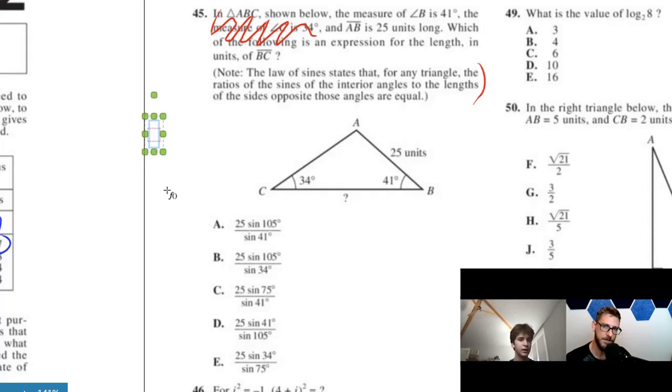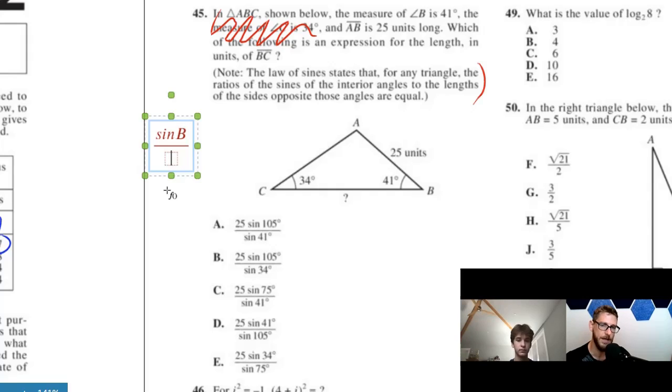The law of sines states that for any triangle, the ratios, okay, so when you see ratios, that's fractions, right? The ratios of the sines of the interior angles, so let's say the sine of B, for example. So the ratio of the sine of B to the length of the opposite side.